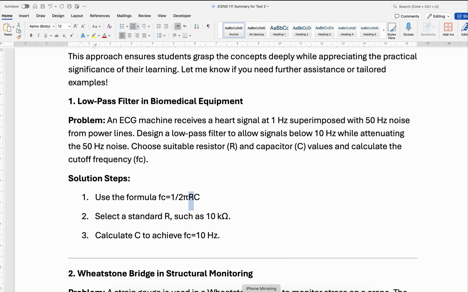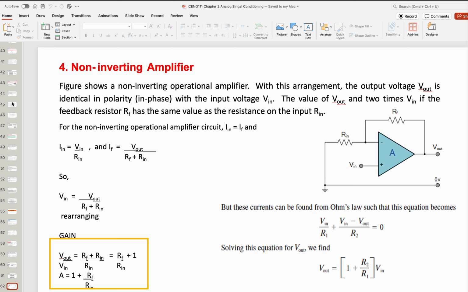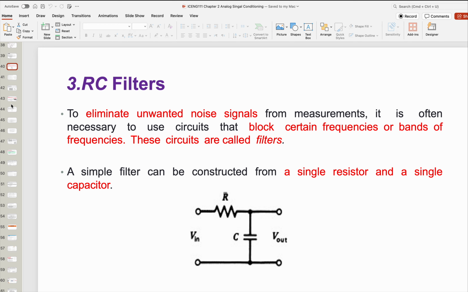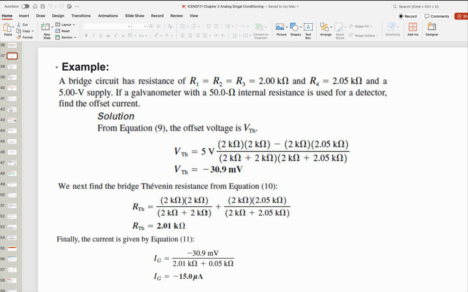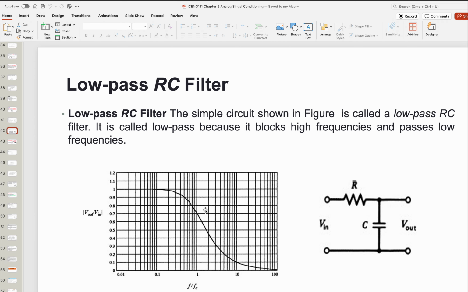And if I go back to look at the filters, so this is the RC filter. I'm just showing you the filters that we have. So this is the low pass filter.